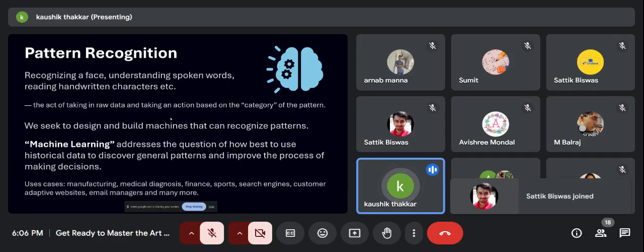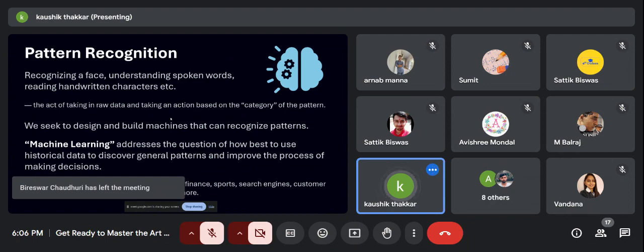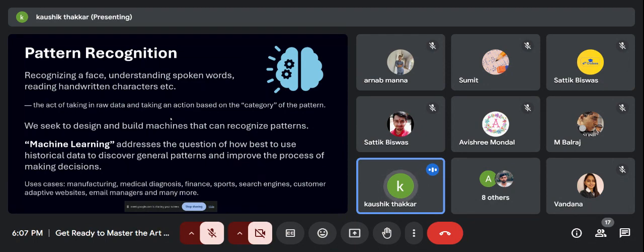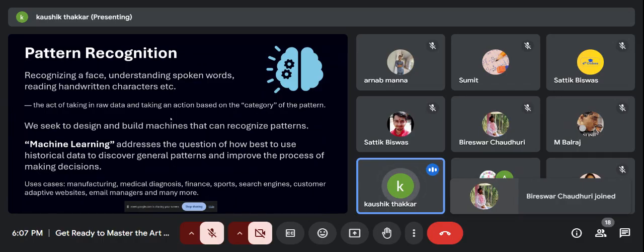It has various use cases in industries like manufacturing, medical diagnosis, finance, sports, and we also use it in our day-to-day lives. For example, search engines, customer adaptive websites. For example, you have seen in Amazon that your product recommendations are based on your buying history.